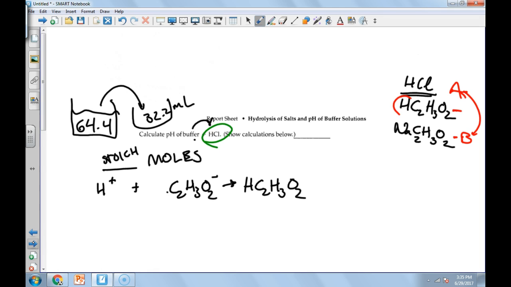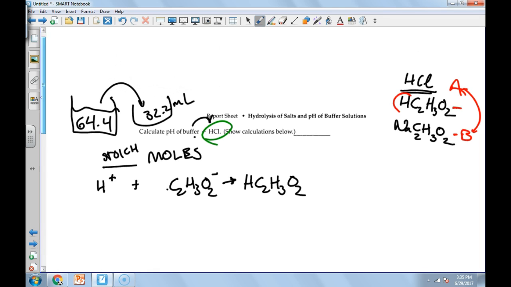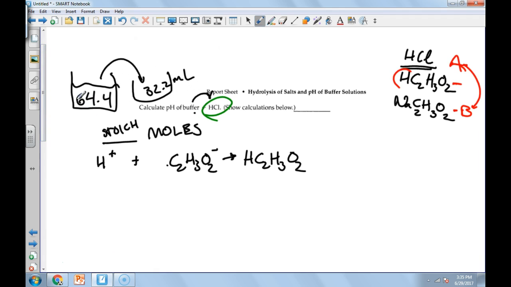I'm not necessarily a fan of that, only because in the lab, what we did is we took that buffer, which happens to be pre-made this time, but it doesn't necessarily have to be pre-made in the future, and we split it in half and used the two halves. So we have concentrations, and we can take those concentrations and figure out how many moles of each thing there are to begin with here.